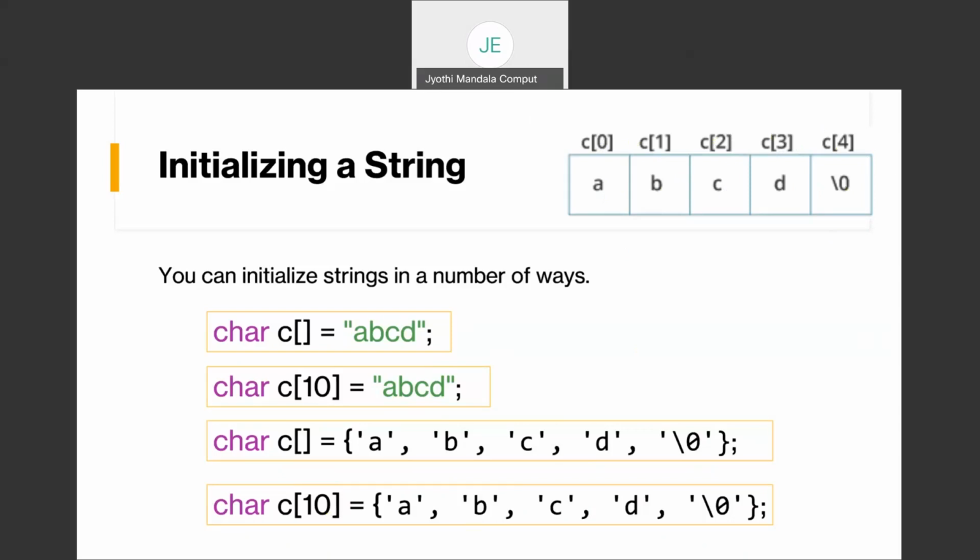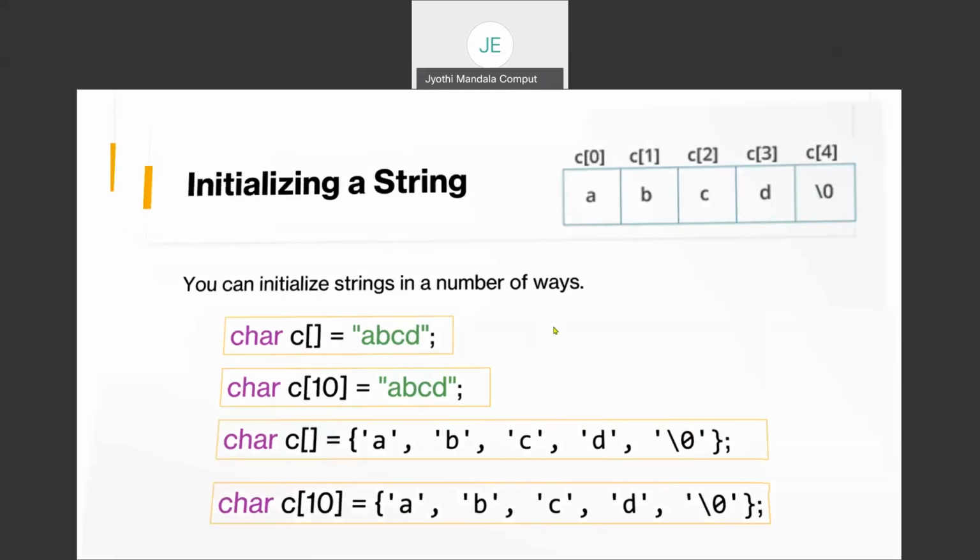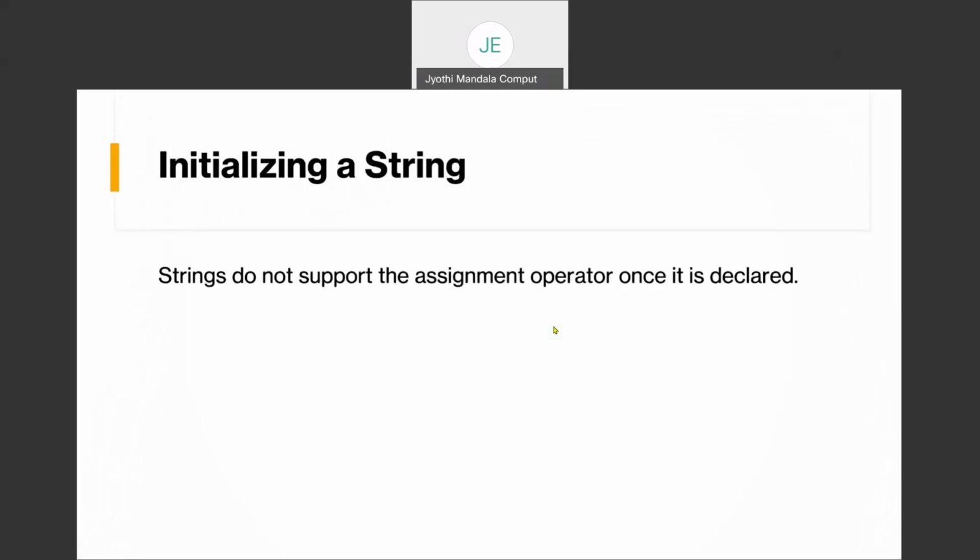But whenever you are initializing a string, if you observe in all the four cases, we have combined the declaration and initialization. Why? Because you can't do initialization and declaration in two different steps.